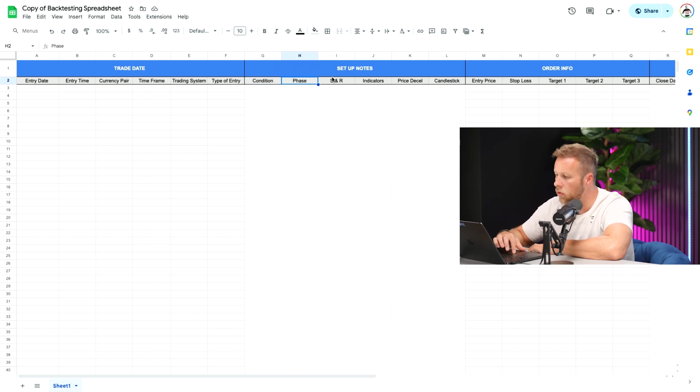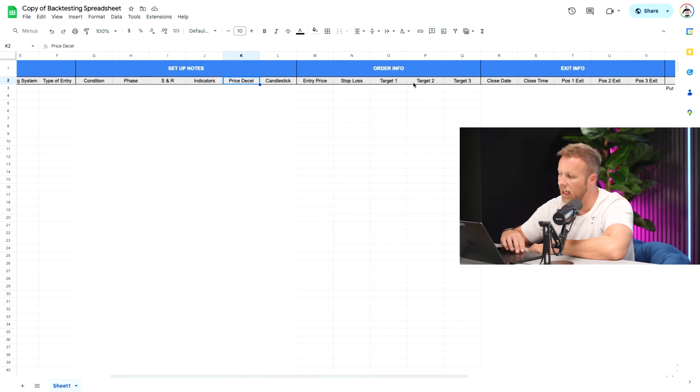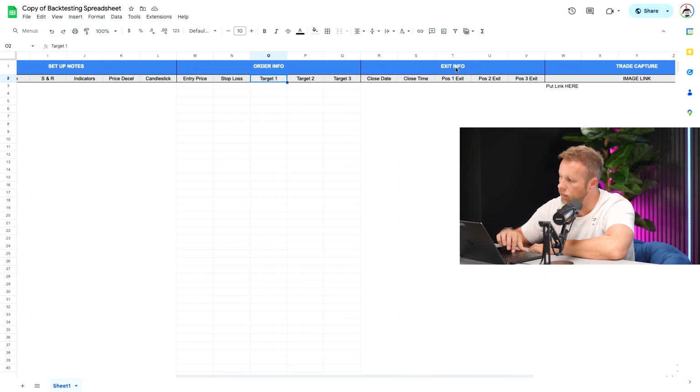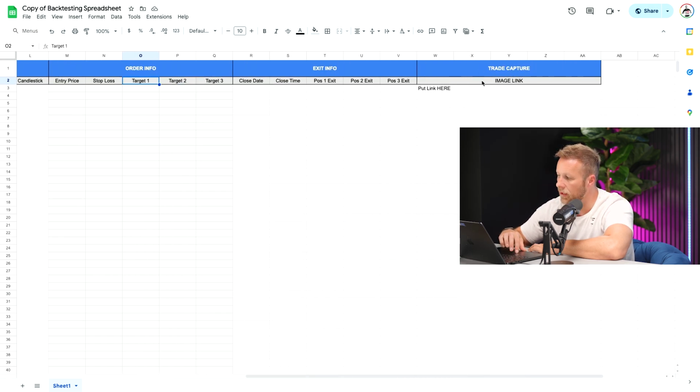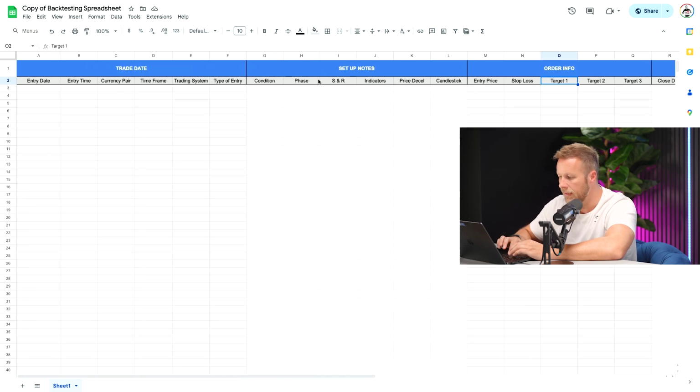Are we in a run or a pullback? Have we got support, resistance, indicators that you might use, price deceleration candlesticks and stuff like that? Then you might have your entry price, your stop loss and your target, and then the close price. And then some image links, because you might want to screenshot that and put it on the spreadsheet as well. You can download the template of this in the description of this video.